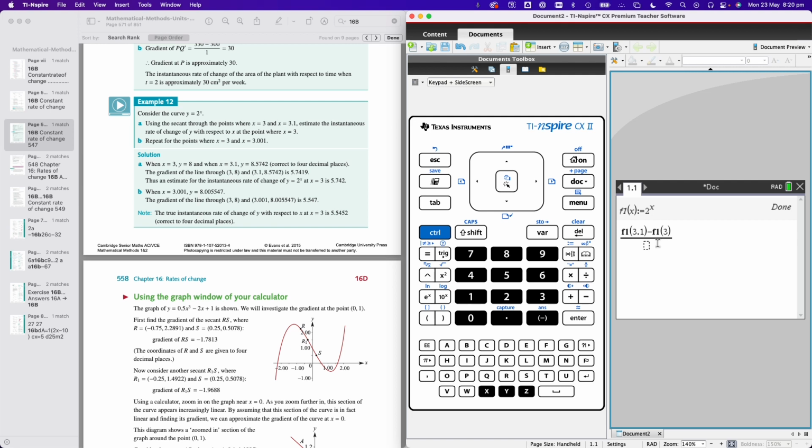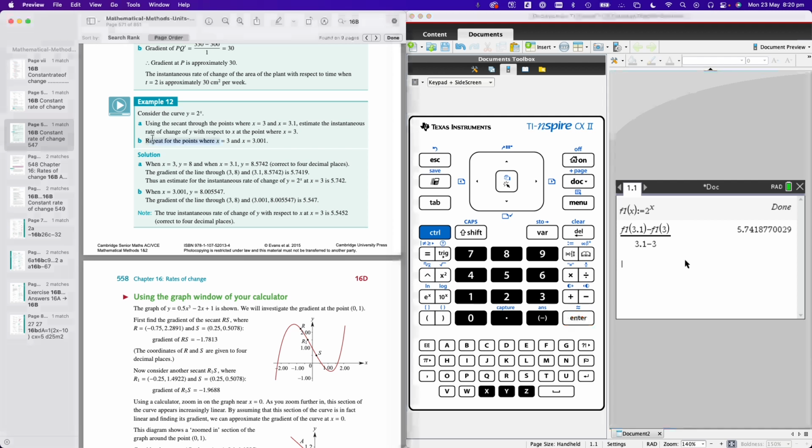And the x2 value is 3.1, and the x1 value is 3. So f of b minus f of a over b minus a. Press return, and I get 5.7418, and so on, which is the same as this value here if we go to 4 decimal places. So you'd say that would be the estimate for the instantaneous rate of change at x equals 3.